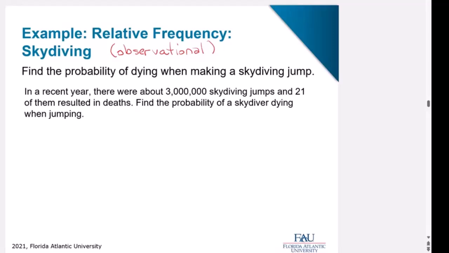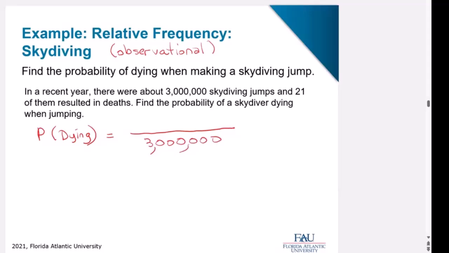But we could also use our relative frequency, which says that the probability of dying when skydiving is going to equal the number of deaths over the total number of outcomes, 3 million, that's in the denominator. And it's still living or dying.